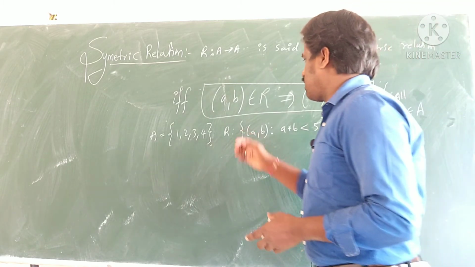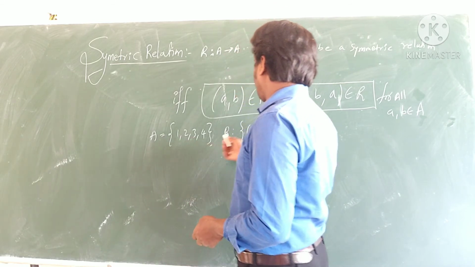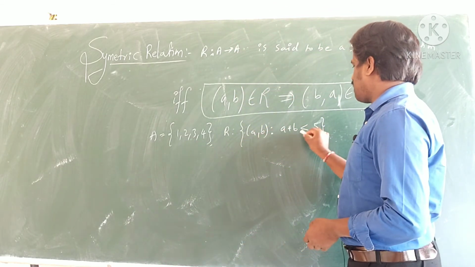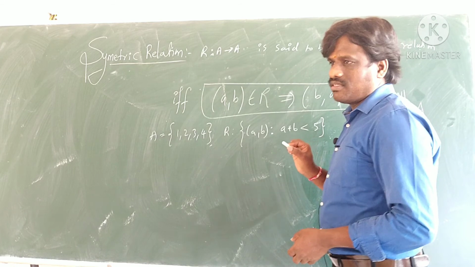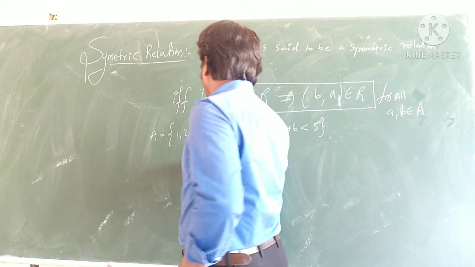Let's see a picture. A is equal to {1, 2, 3, 4}. R is the set of (a, b) such that a plus b is less than 5. For this, how can I write the relation?